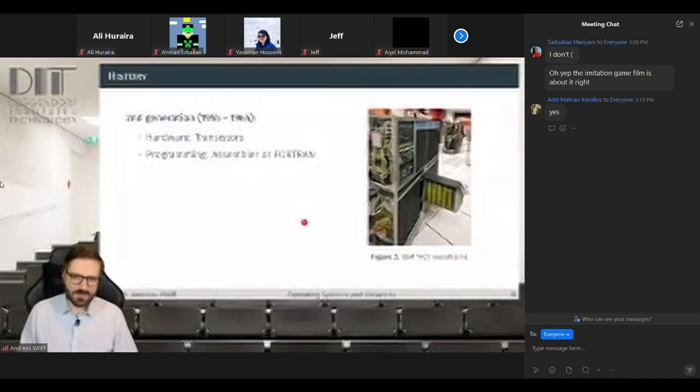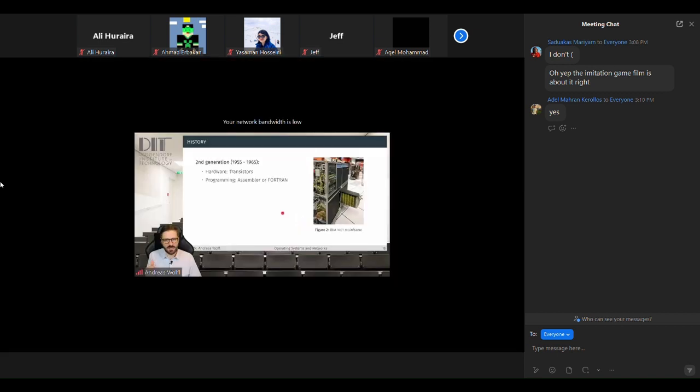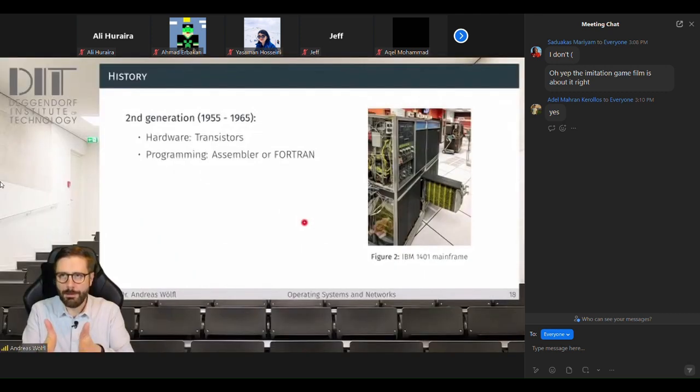This means the distance in the chip between two transistors. So if you are on a 3 nanometer CPU, it means that all the billions and trillions of transistors in this chip are separated by a 3 millimeter space.